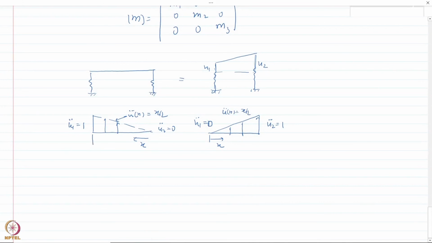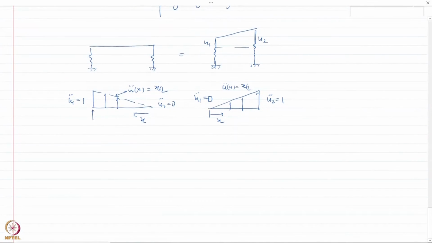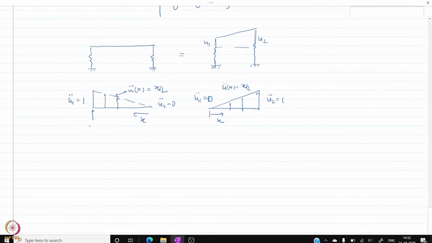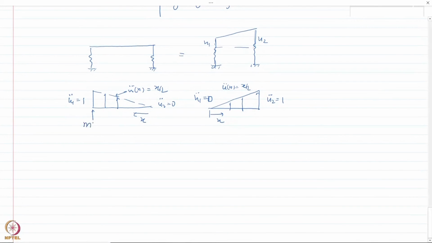Now let us say you have applied force at degree of freedom 1 due to unit acceleration at degree of freedom 1, then force at degree of freedom 2 due to unit acceleration at degree of freedom 1. Similarly, force at degree of freedom 1 due to unit acceleration at 2, and force at degree of freedom 2 due to unit acceleration at 2.